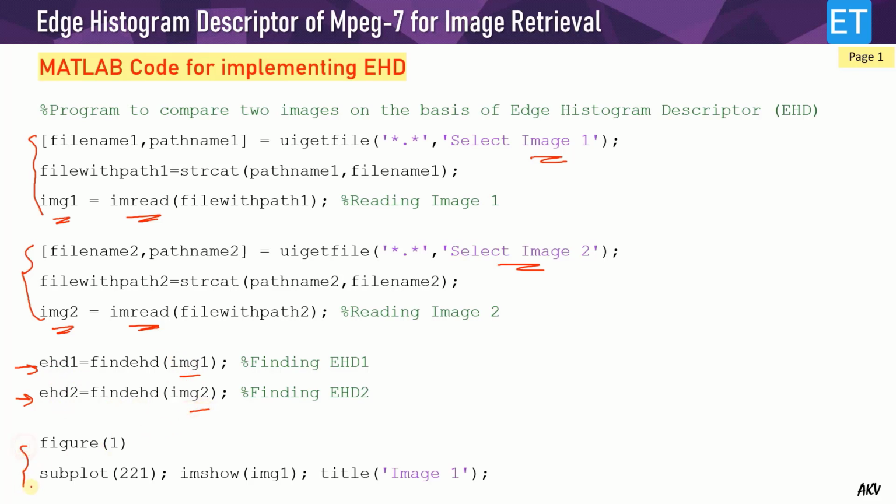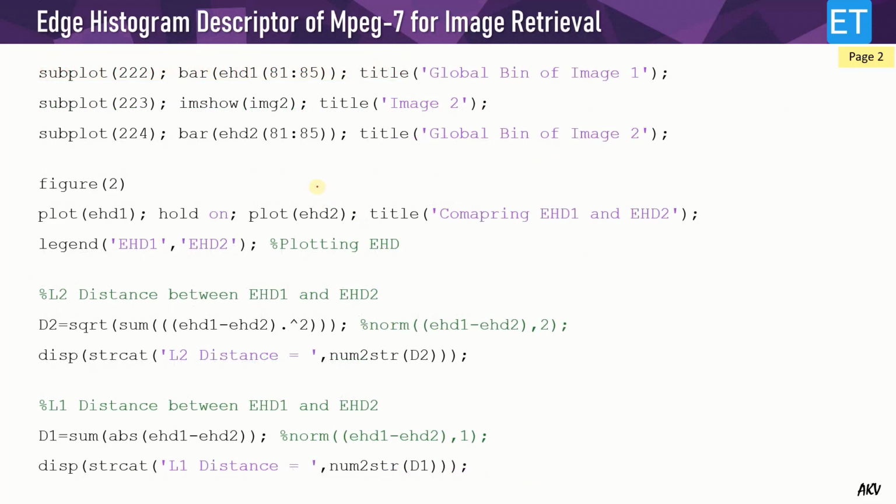Now you are plotting all the images and their corresponding bins. With the help of subplot, I am plotting the first image, and then its global bin also. As I said, the global bin is the last 5 points of the EHD, so obviously from the EHD vector, elements 81 to 85 are extracted as the global bin.